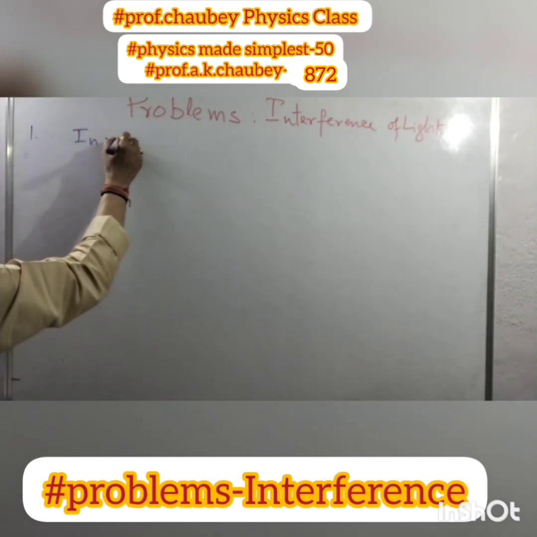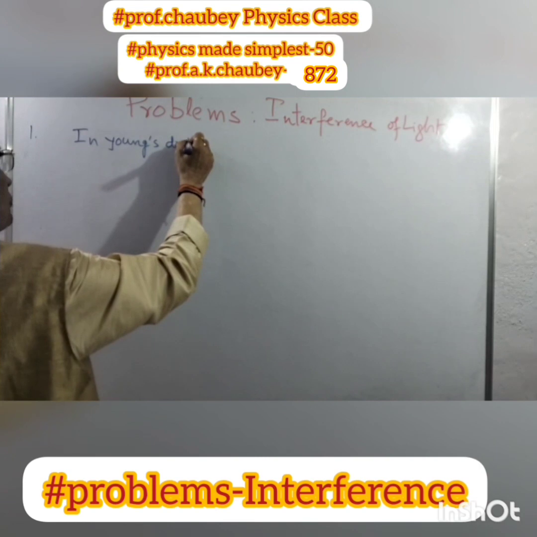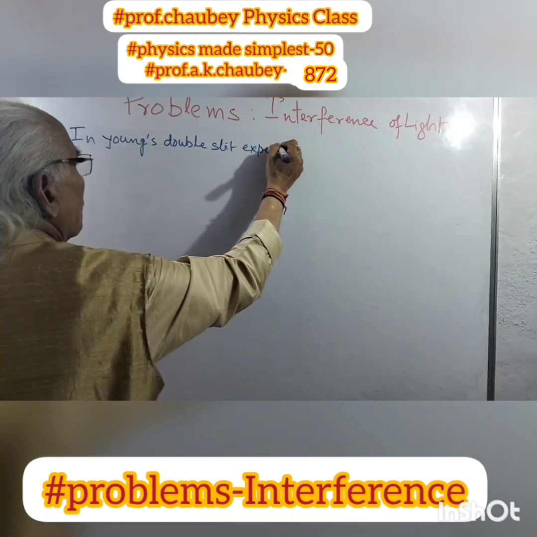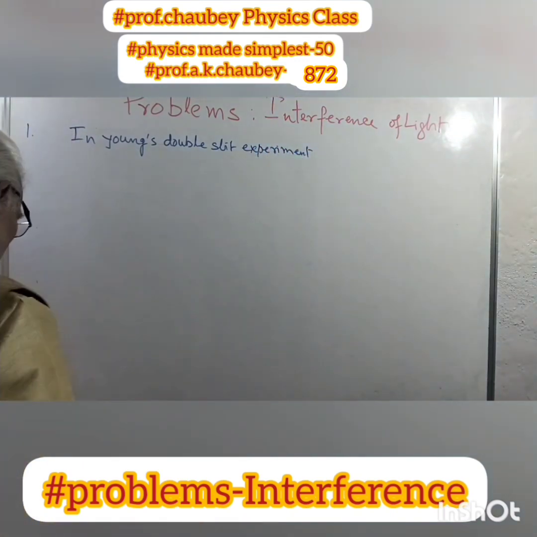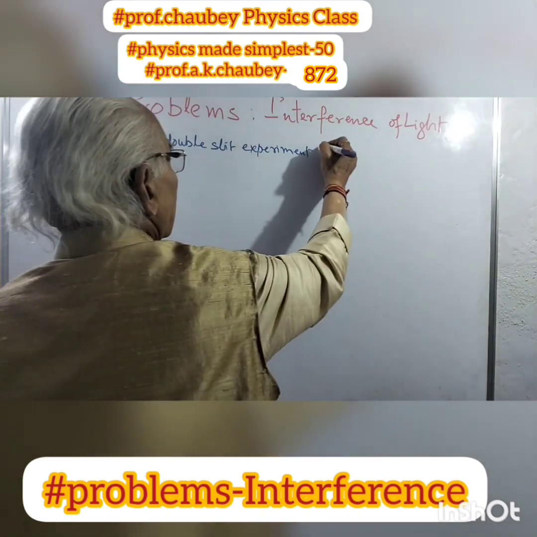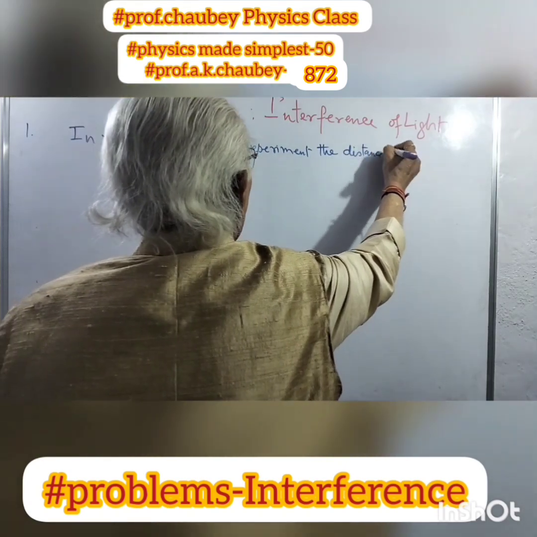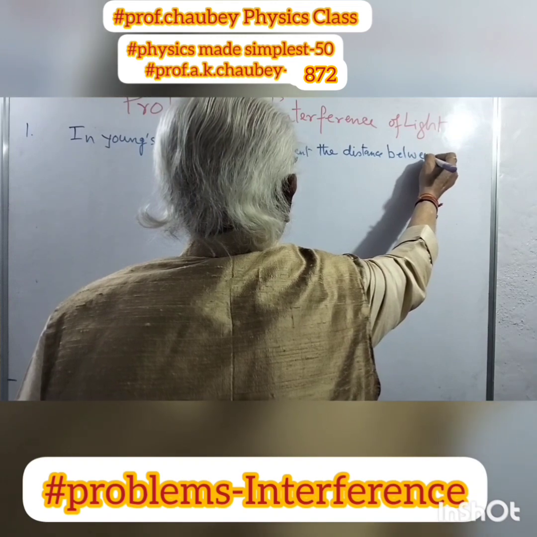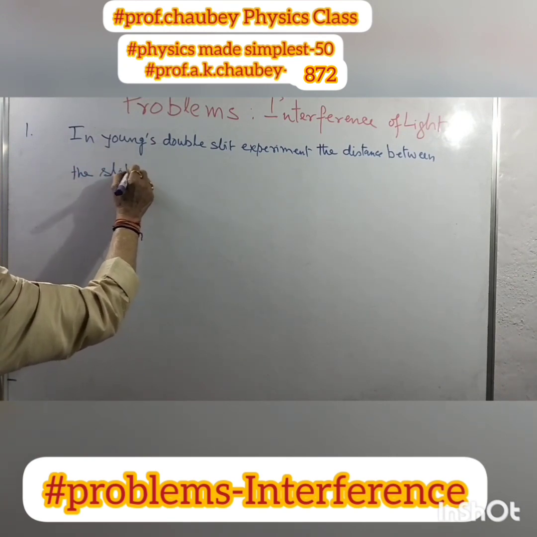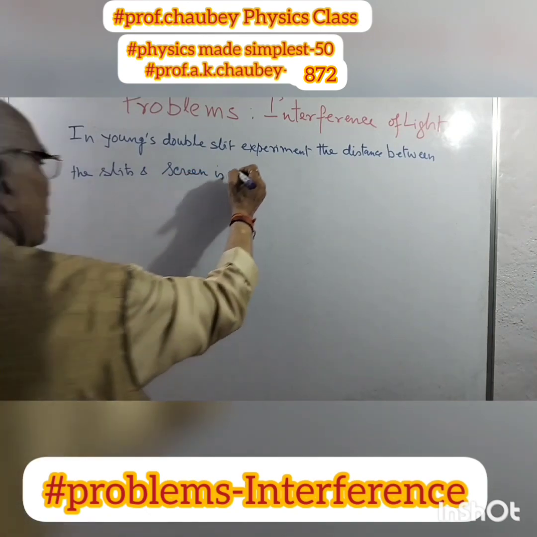In Young's double slit experiment, the distance between the slits and the screen is, say, 1 meter.